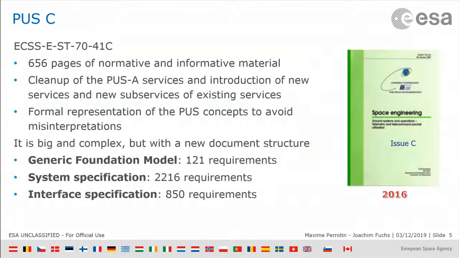And I come back to that. So we have now, from a thin booklet, which it was before, a document of more than 600 pages. We have more than 3,000 requirements in that document. But what's much more important, we have a fundamentally different structure of this document with respect to before.